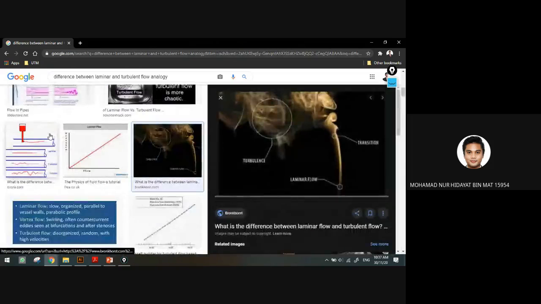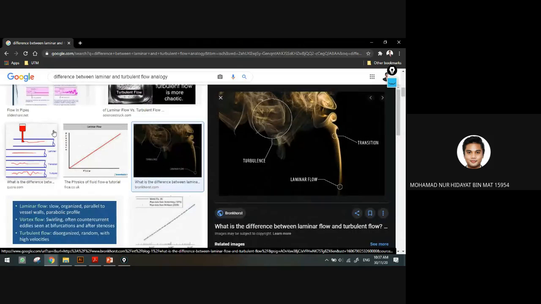Okay, I think this one. Can you see? Alright, this is the smoke. This is the smoke at the inlet. At the start, the smoke will flow like this.